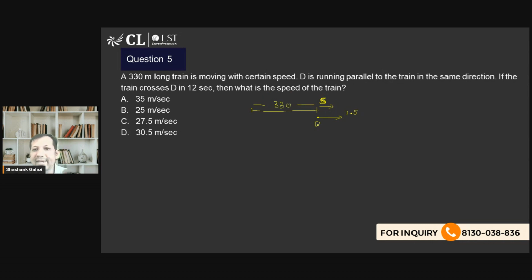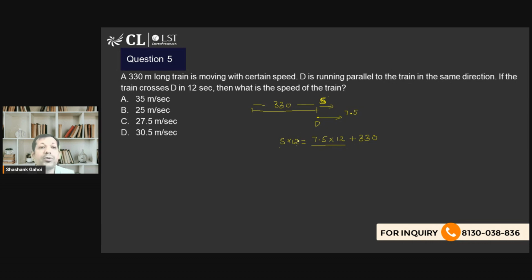So, in 12 seconds, how much is D going to cover? D is going to cover 7.5 into 12. And the train crosses D. So it means the train is covering this distance plus its own length in 12 seconds so that it crosses D. So how much is the train going to cover? That is speed into time, s into 12.